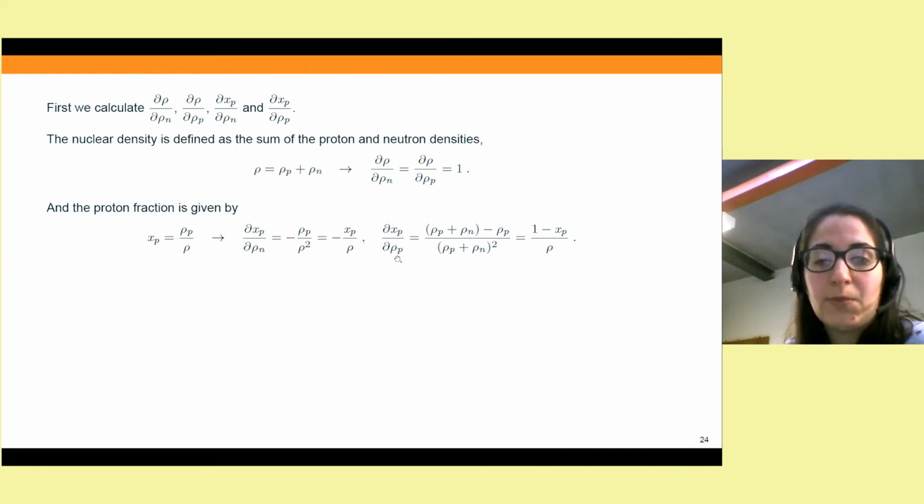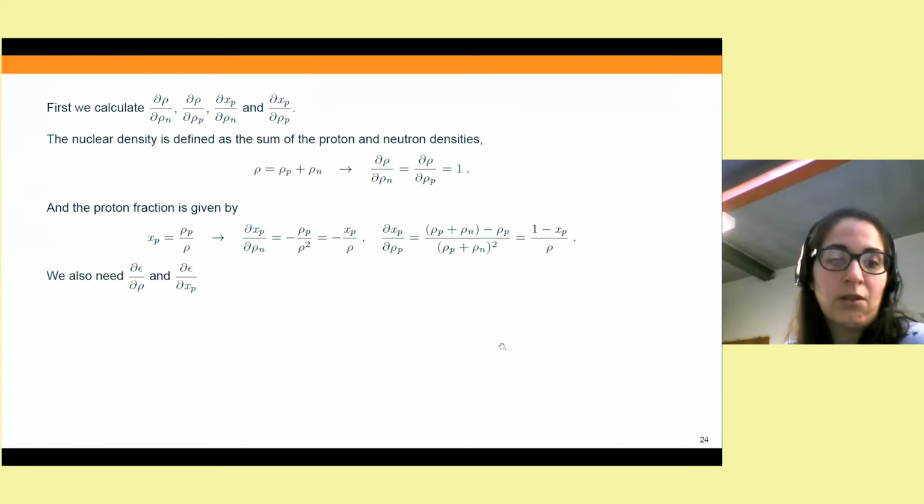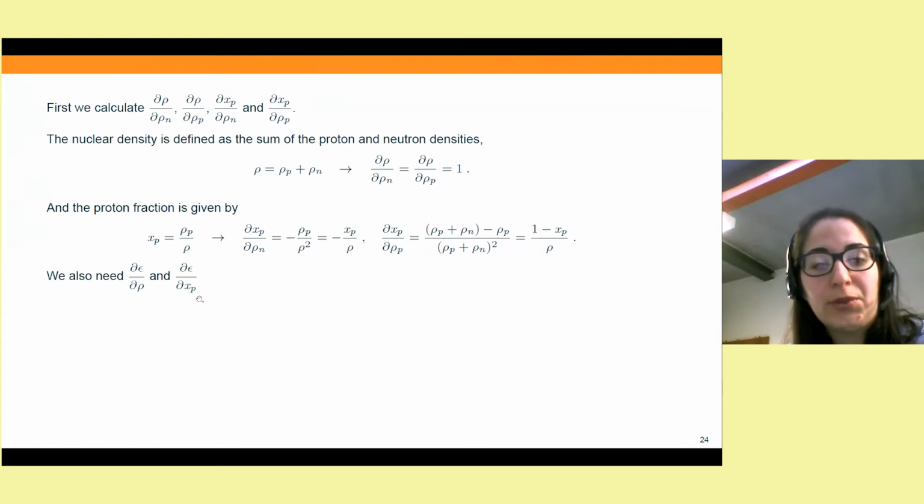And the derivative with respect to the proton density gives us 1 minus the proton fraction divided by the density. Okay, but we also need the derivatives of the energy density with respect to the density and the proton fraction.